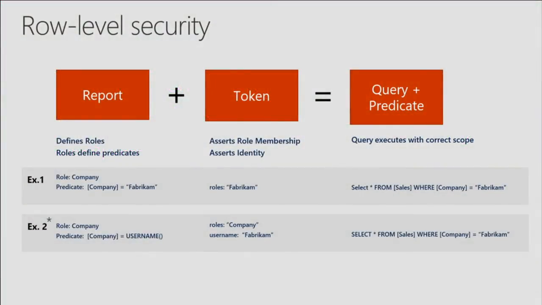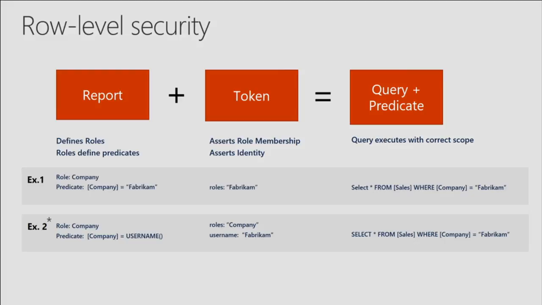How does row-level security work? First, inside a Power BI report, you can define something called a role. A role defines some rules that are applied whenever the report is opened, based on who the user is. The second element is that there's a token, and inside that token that you generate, you put a bunch of information about who that user is.